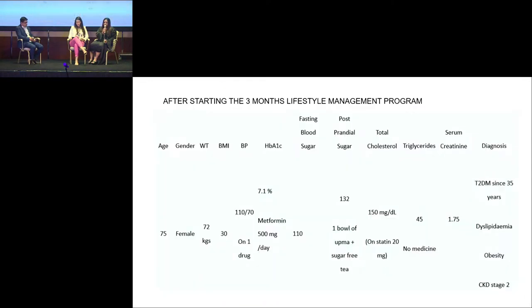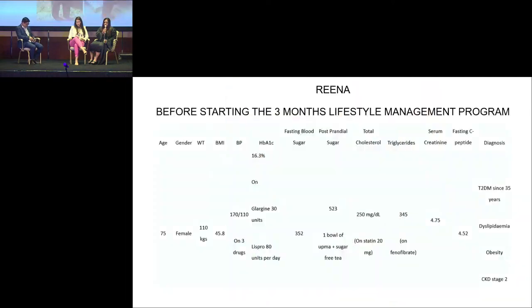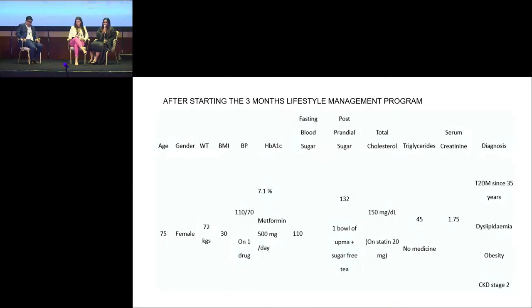But the most exciting part was her HbA1c came down from 16.3% to 7.1%. And she's only taking 500 milligrams of metformin. Everything just worked for her, and her nephrologist said that you don't need any dialysis. Your creatinine is fine, you're doing fine.